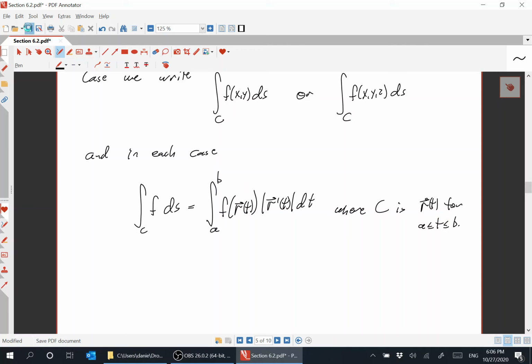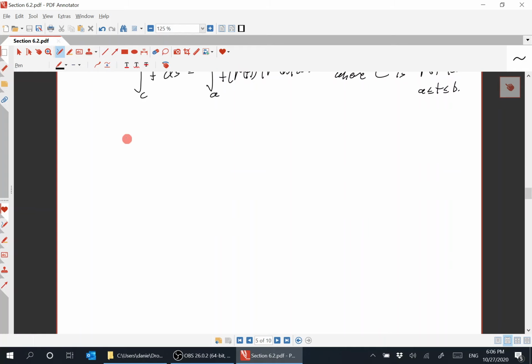And that can be useful because sometimes you can represent curves in lots of different ways, like with circles. We know how to represent circles in different ways. So why don't we do that as a first example?